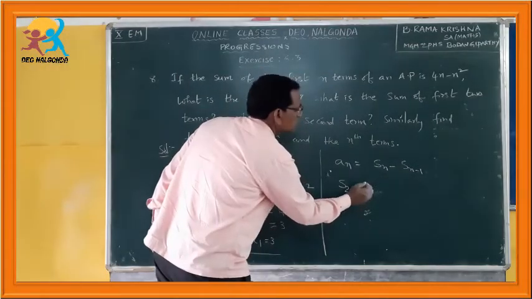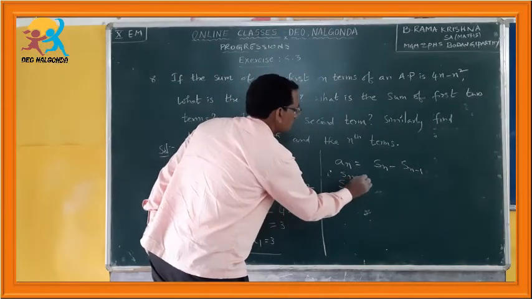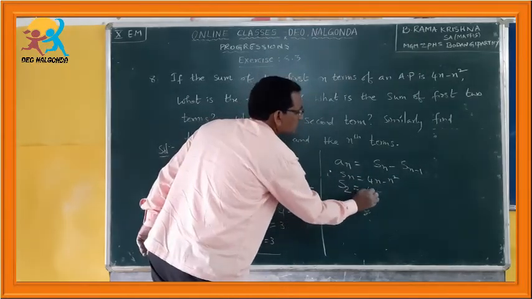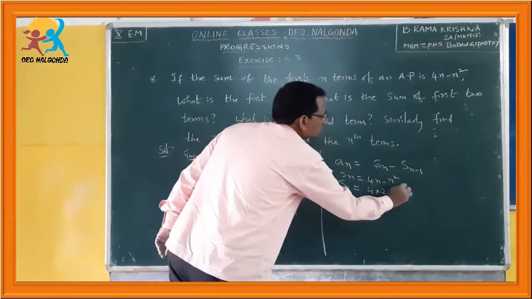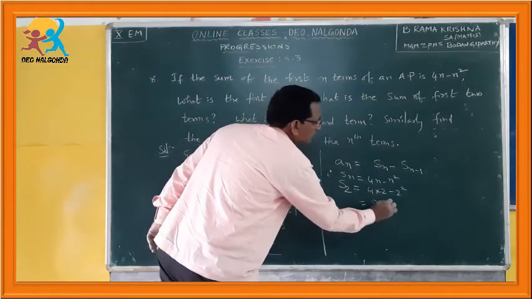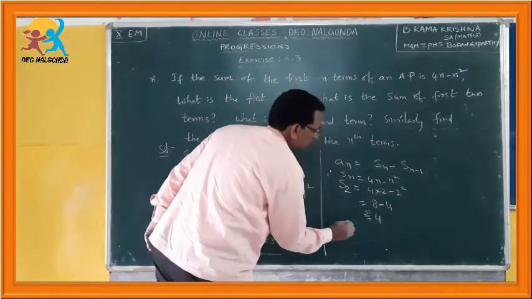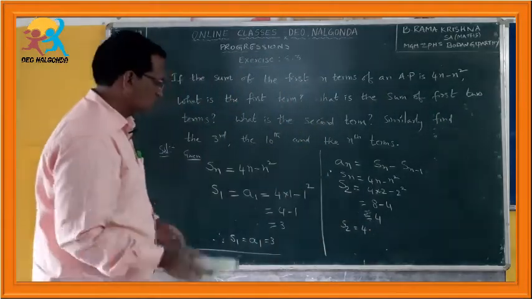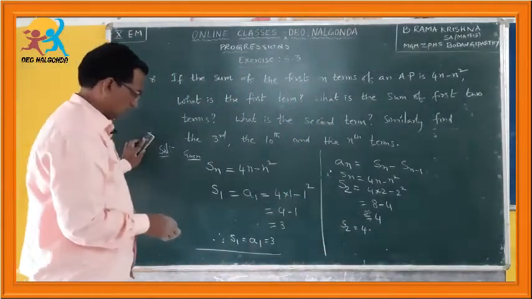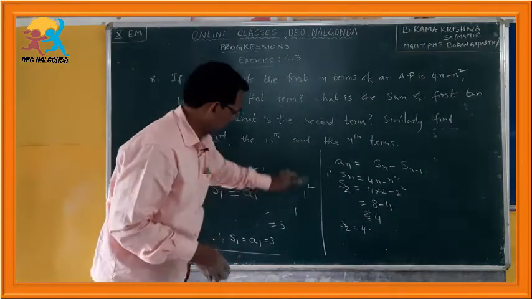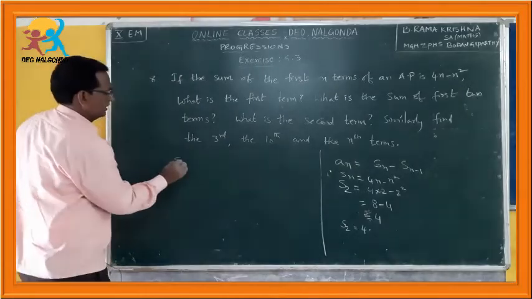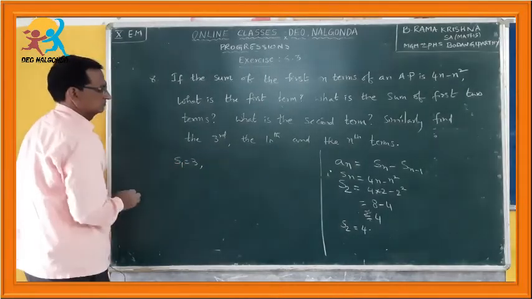S2 is equal to 4n minus n square, so S2 is equal to 4 into 2 minus 2 square, which is 8 minus 4, which is equal to 4. Therefore S2 is equal to 4. S1 is equal to 3.